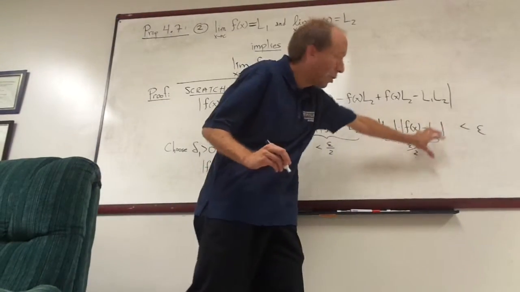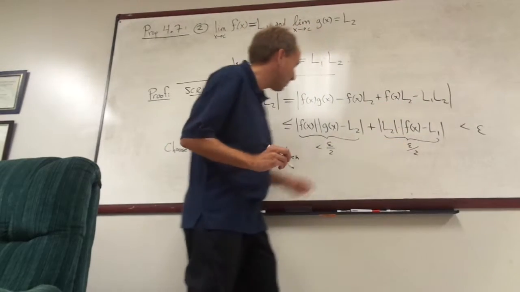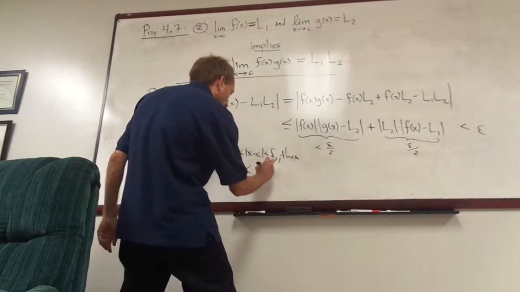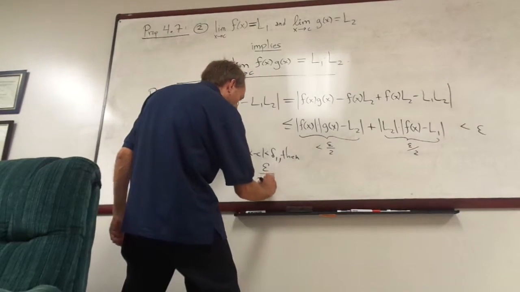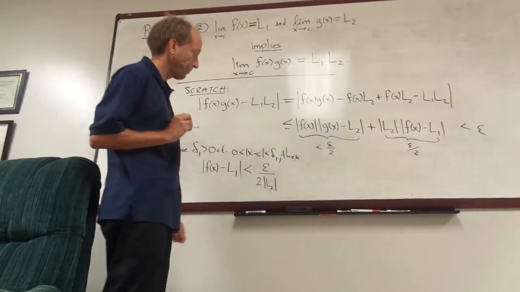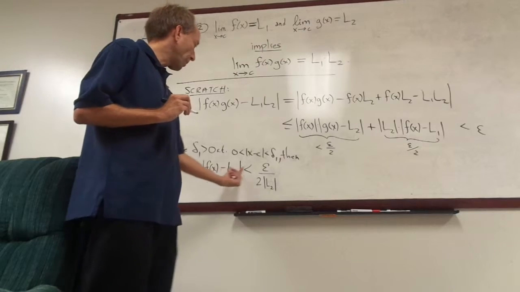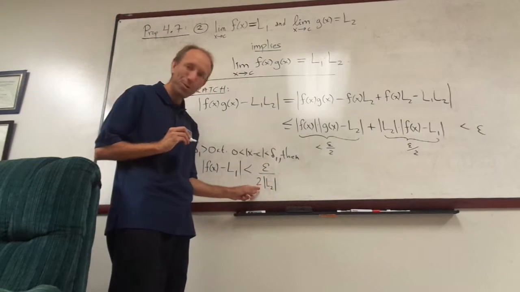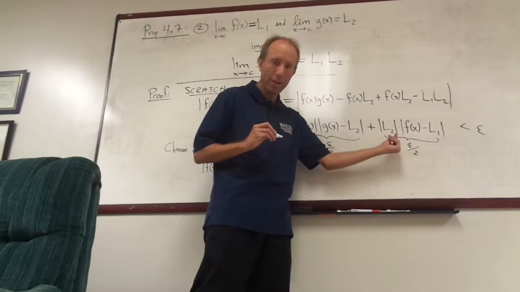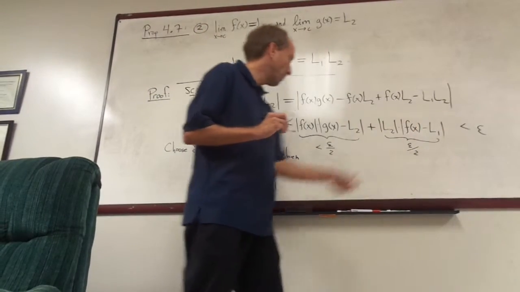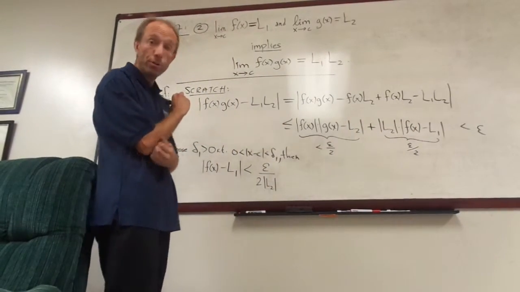So if I want this whole second term to be less than epsilon over 2, then I'm going to put epsilon over 2 here, and then divide by L2. So if this part is less than epsilon over 2 times the absolute value of L2, and I then multiply that by the absolute value of L2, the result will be just epsilon over 2, right?